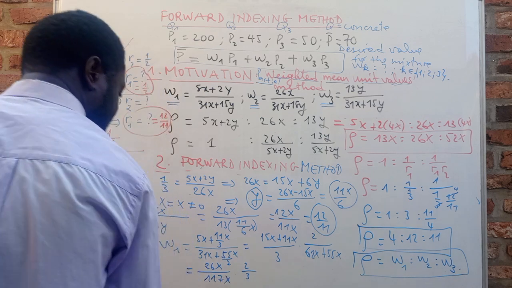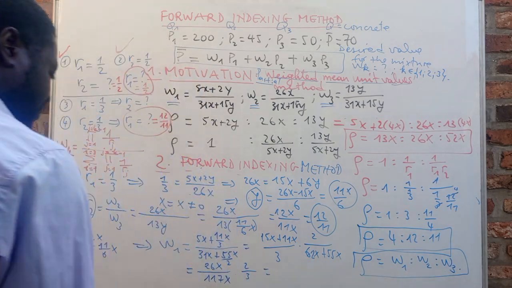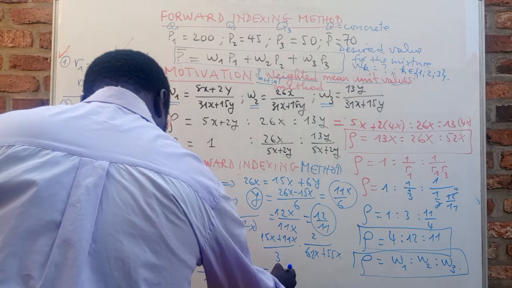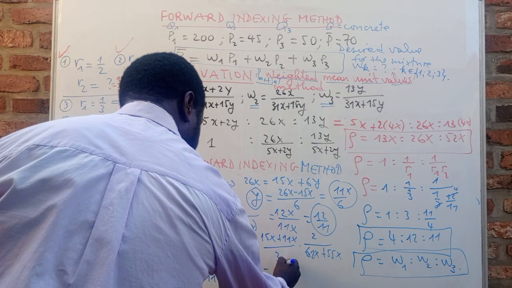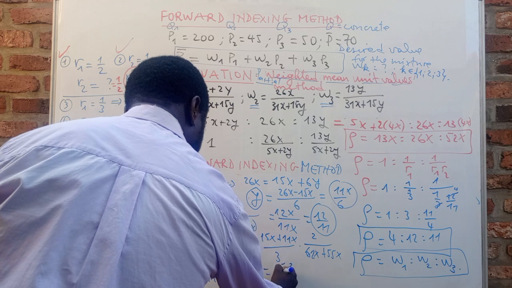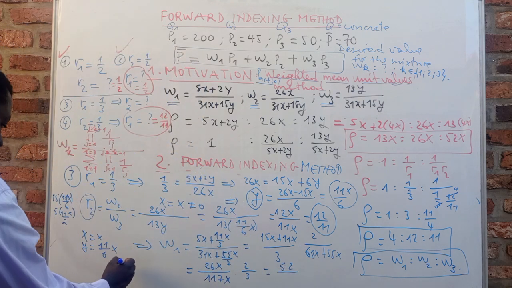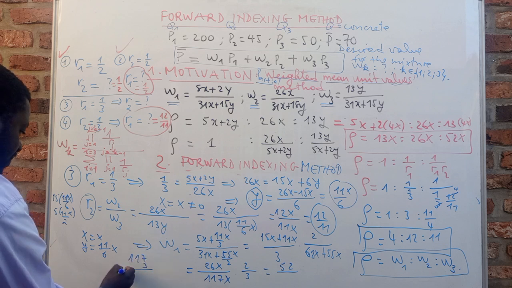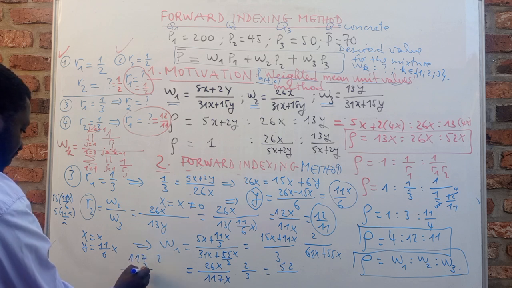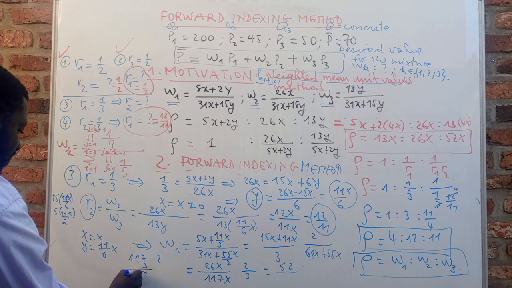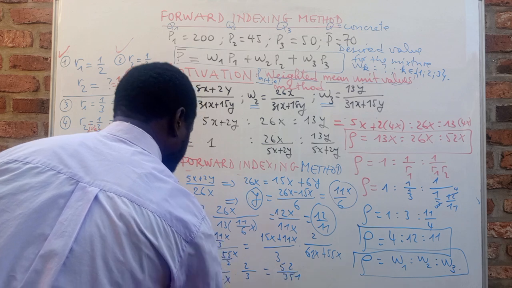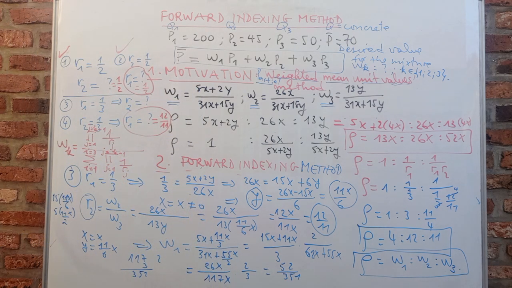Then times x. Now this is equal to 52 over 117. 117 times 3, so it is 351. Is there any simplification?